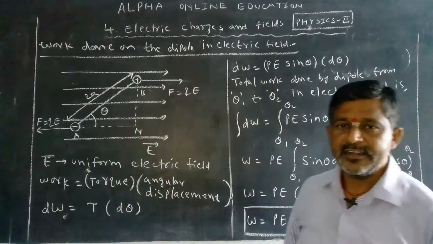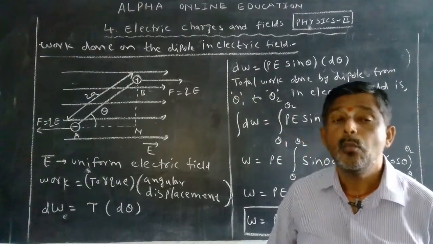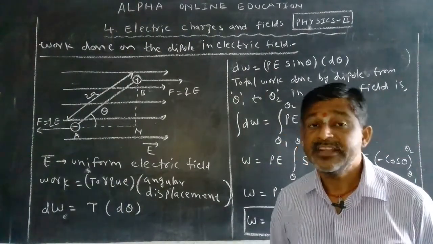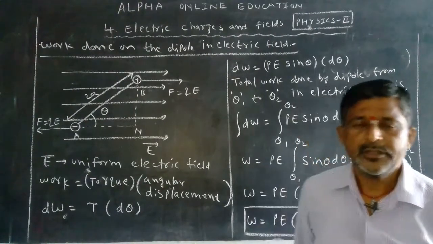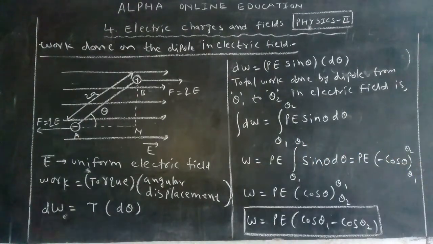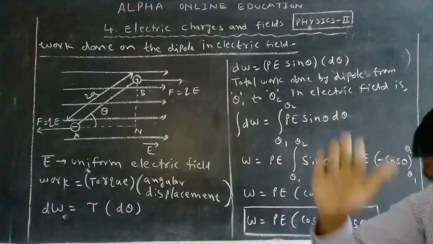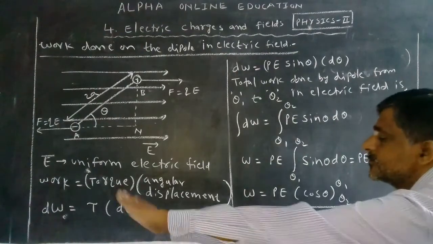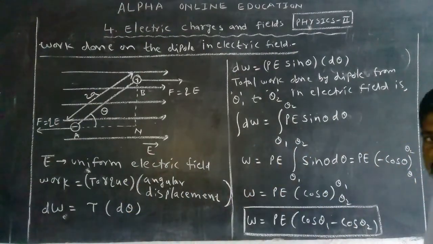Now we want to calculate the work. Work is a scalar, but how can we write the work in rotatory motion? When an object is in translatory motion, means the object moves like this, we can write work is equal to force into displacement.